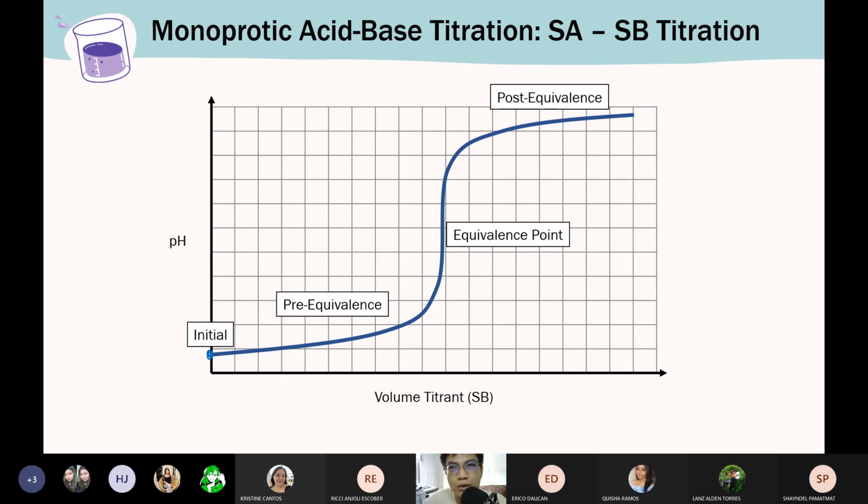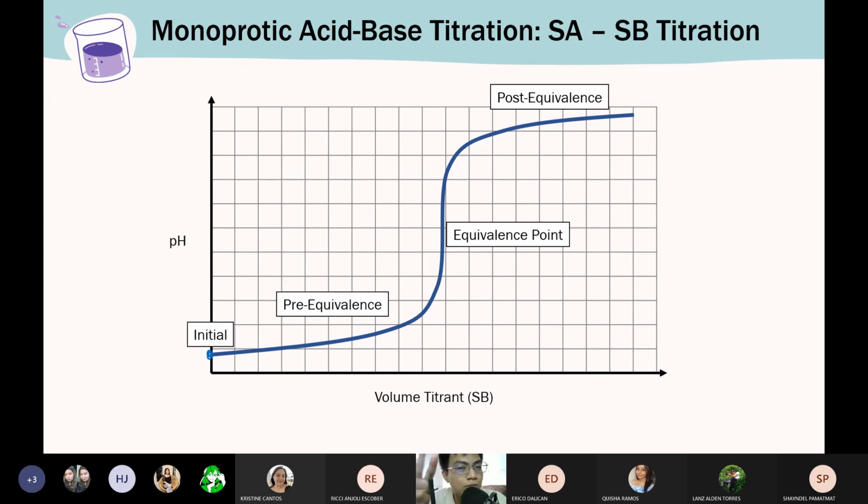In other words, you dripped too much. So those are the 4 stages: initial, pre-equivalence, equivalence, post-equivalence. Initial, no titrant yet. Pre-equivalence, there is titrant but not that much. Equivalence, just the right amount of titrant for the reaction to be complete.